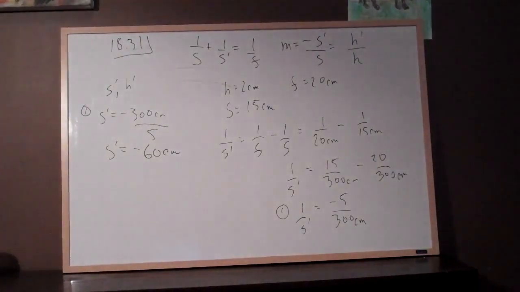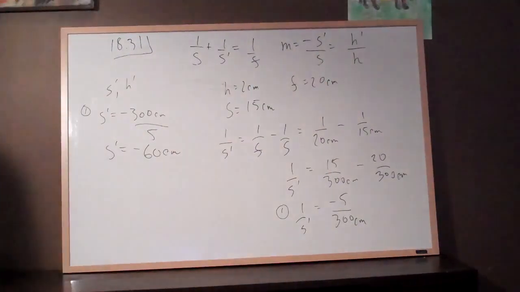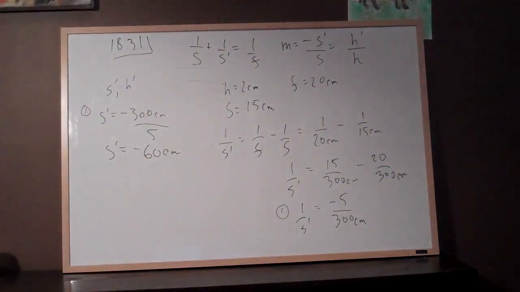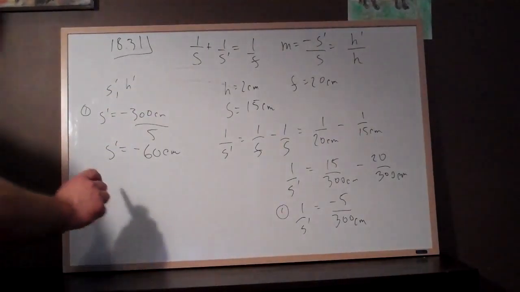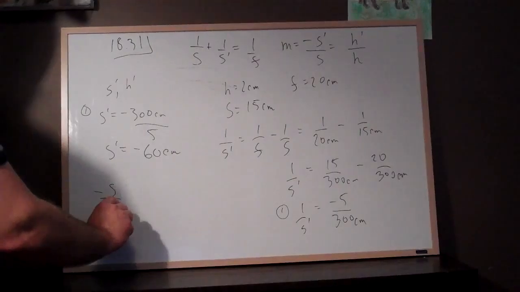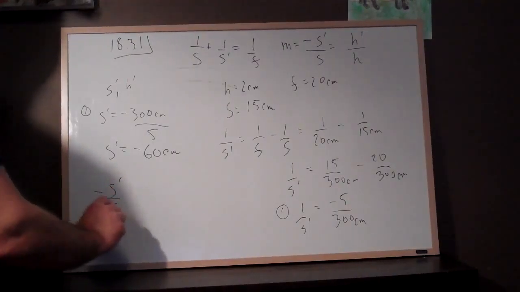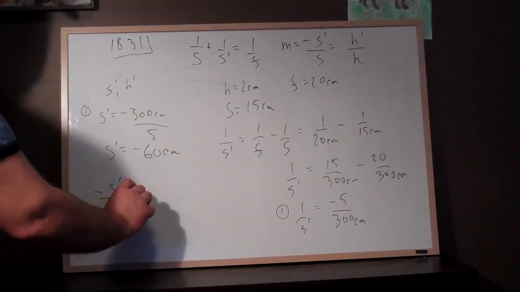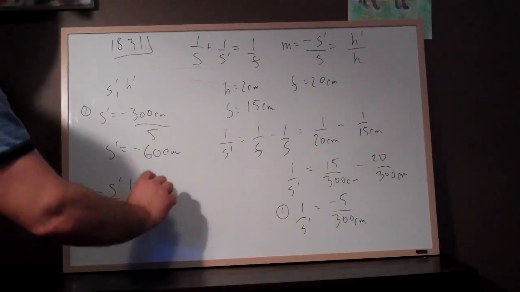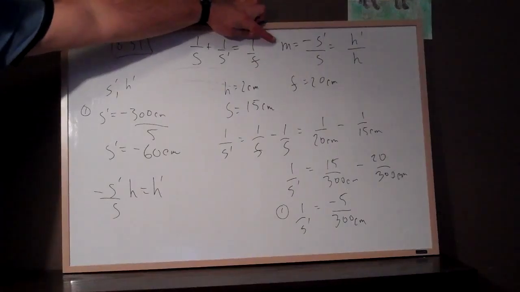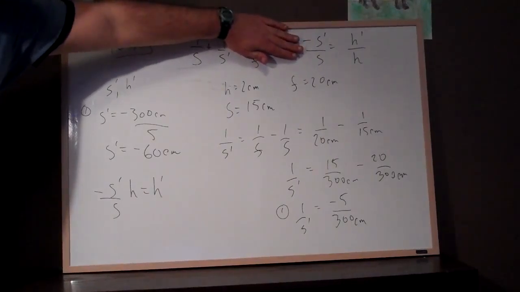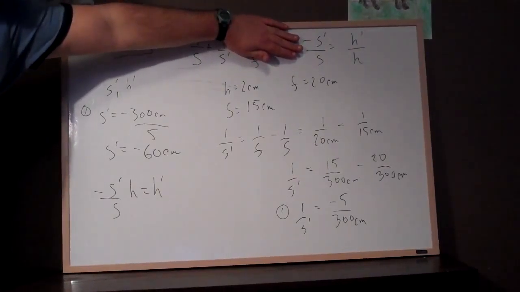Good. And then I could use this relationship here and solve it for h prime. Minus s prime over s, multiply both sides by h, and that's equal to h prime. So I took the equation at the very top, this part of it really, and solved for h prime by multiplying both sides by h.